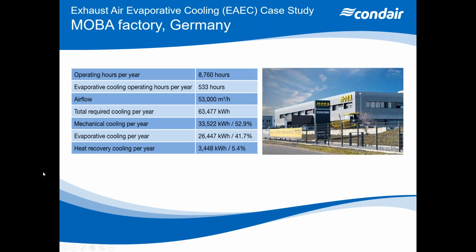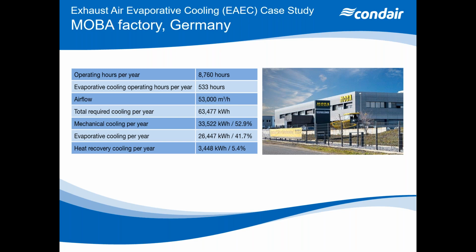So in this case, the operating hours were 8,760 hours per year. The evaporative cooling operating hours per year, so this is when we were able to evaporate water into the air, so i.e. humidities weren't too high to do it, were 533 hours. The airflow was 53,000 meters cubed per hour, and the total cooling per year for the factory was 63,477 kilowatts.